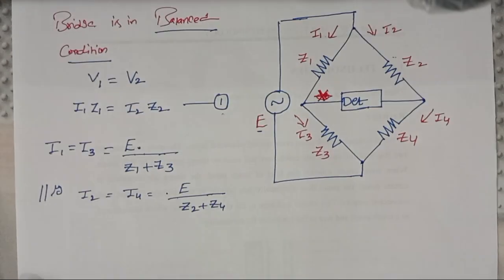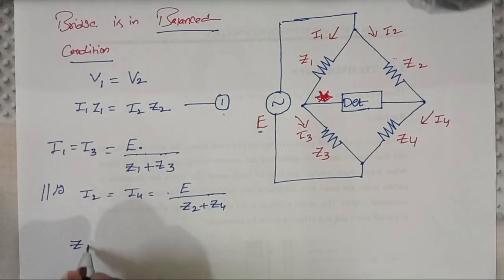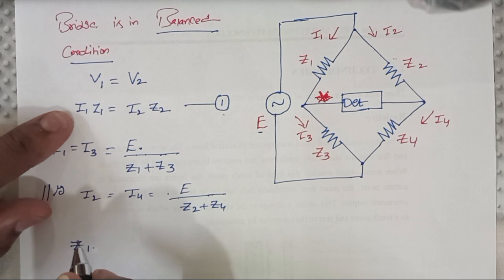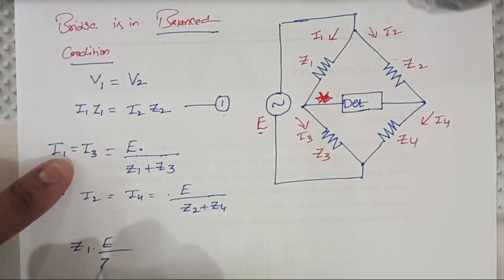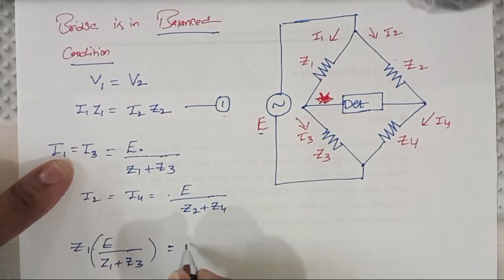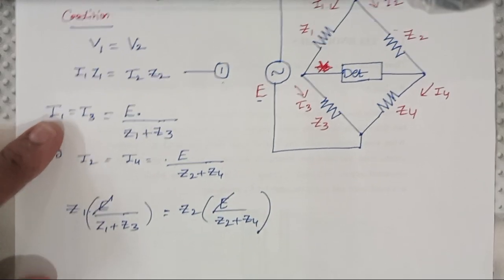So I'm getting Z1 into, instead of I1, substituting E by Z1 plus Z3, is equal to Z2 into E by Z2 plus Z4. These two E terms will get cancelled.